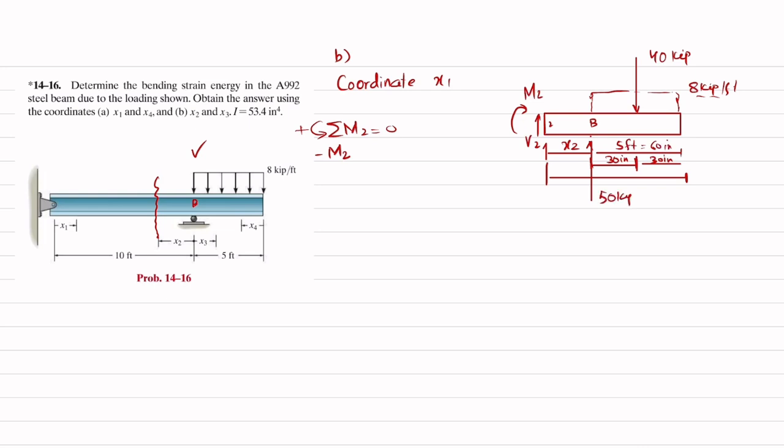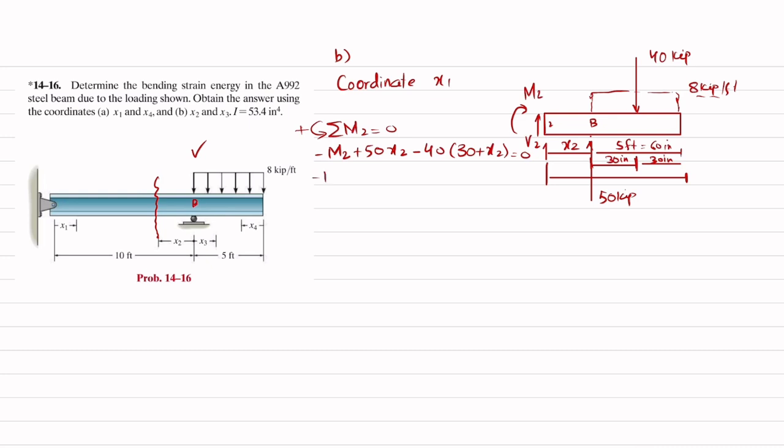So 50 into the perpendicular distance x2, and this is producing a counterclockwise moment, so it will be positive. So I will write plus 50 into x2. The third moment will be due to this load 40, and the perpendicular distance will be x2 plus 30, and this is producing a clockwise moment, so it will be negative. So I will write minus 40 into 30 plus x2 will be equal to 0.